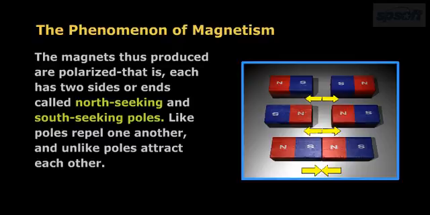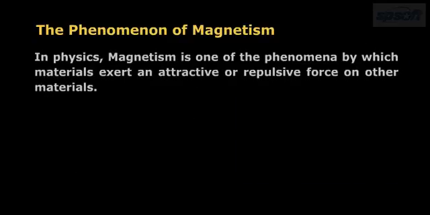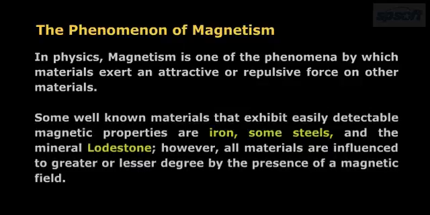In physics, magnetism is one of the phenomena by which materials exert an attractive or repulsive force on other materials. Some well-known materials that exhibit easily detectable magnetic properties are iron, some steels, and the mineral lodestone.